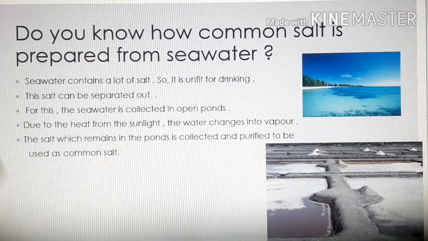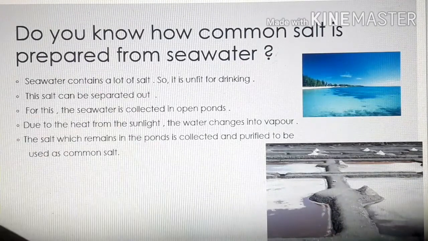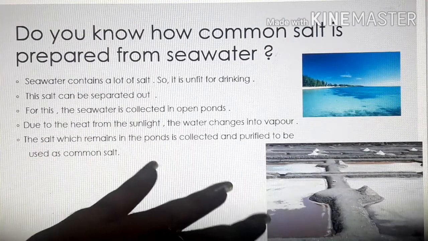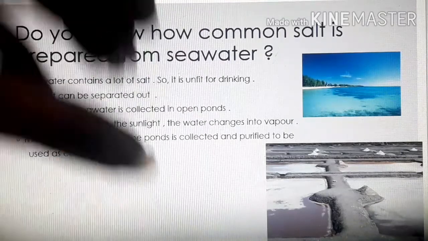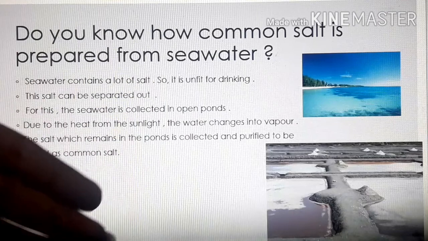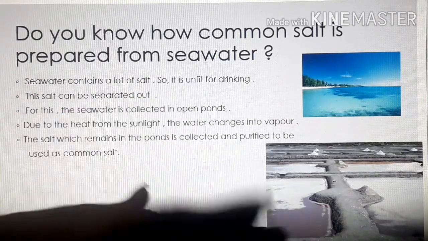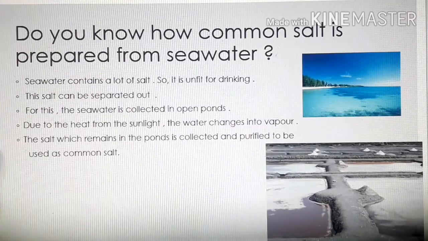It is collected in open ponds, and then due to the heat from the sunlight, the water in the pond changes into vapor. And then the salt which remains in the ponds is collected and purified to be used as common salt. This is how your common salt is prepared.